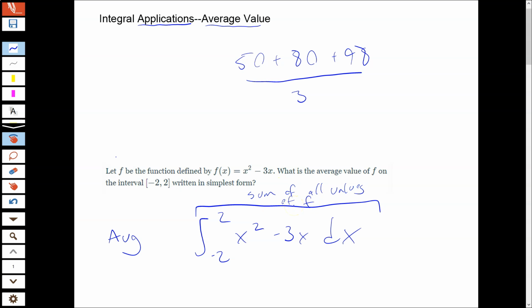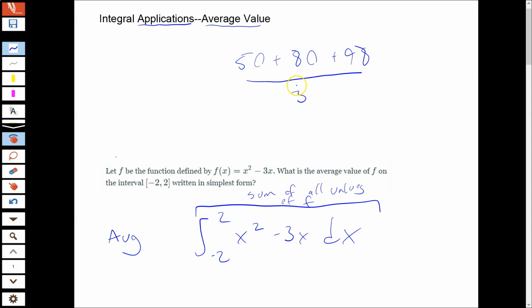So that's how we get from derivative back to the original function when we're taking an integral. We're adding up all the individual changes. So here if I'm just taking the integral of a function, I'm just adding up all the values that the function takes at every single infinitesimal x from -2 to 2. So this is the sum. So this is like the top of my fraction.